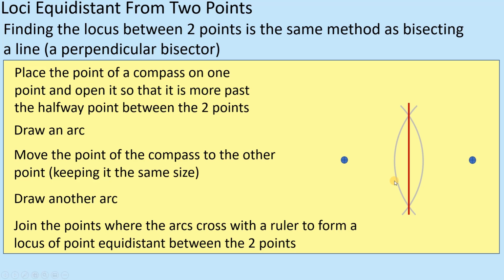And thinking about what that means for an exam, if I ask which is closer to this one on the left-hand side, then anything on this side of the line is closer to this one. That is the whole purpose of loci. You'll be asked in an exam to identify certain regions based on the constructions you make from the information given.